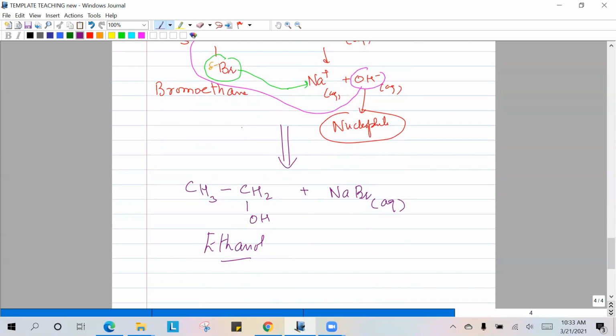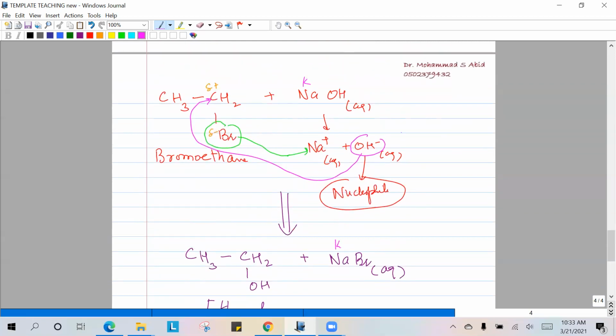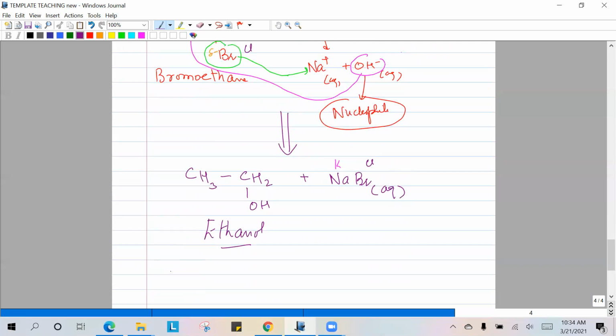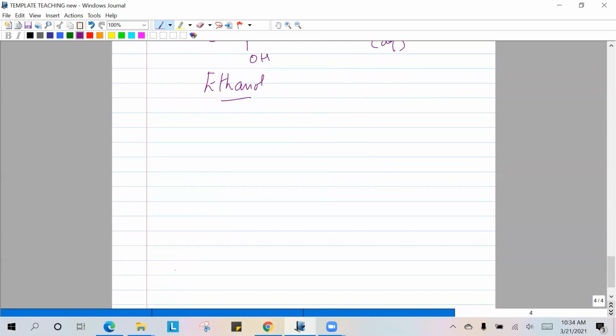If you were taking KOH, you would have ended with potassium bromide. If instead of a Br, you had a Cl, you would end up with chloride. That would be the change. Any number of carbon atoms, any structure, you just copy and paste. The only place where the reaction is taking place is where the OH is replacing the halogen.